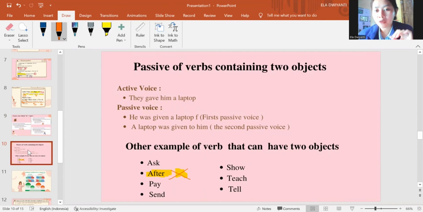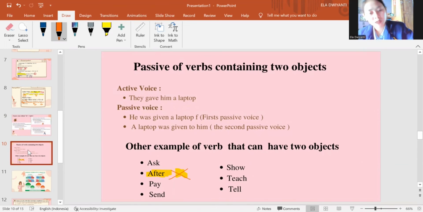Next, the passive of verbs with two objects. Active voice, for example: "They gave him a laptop." In the passive voice, we can make two sentences. First: "He was given a laptop." And the second: "A laptop was given to him."